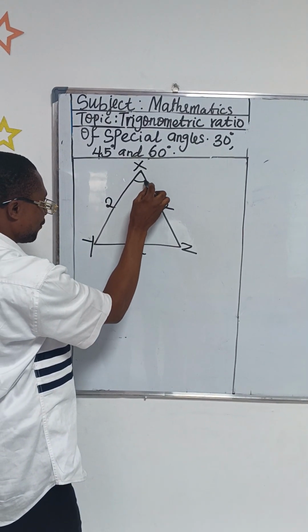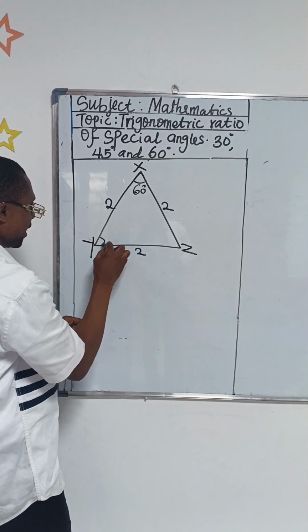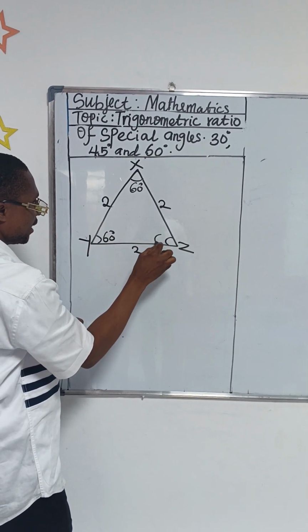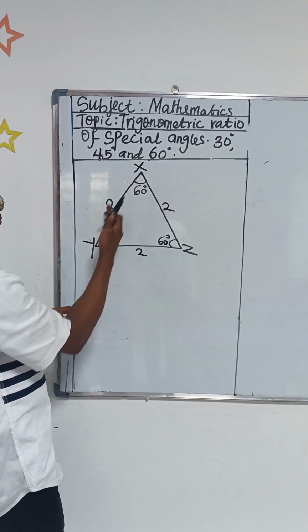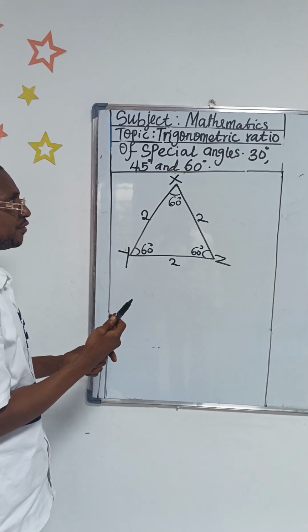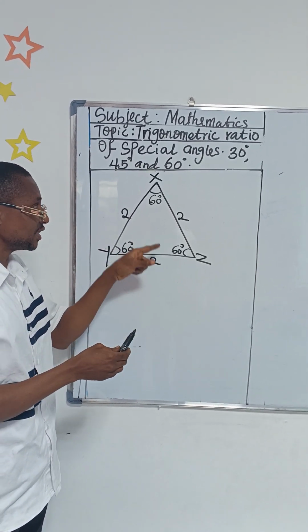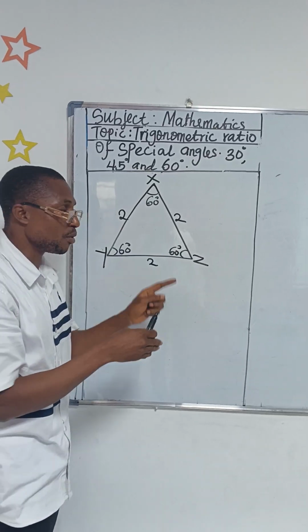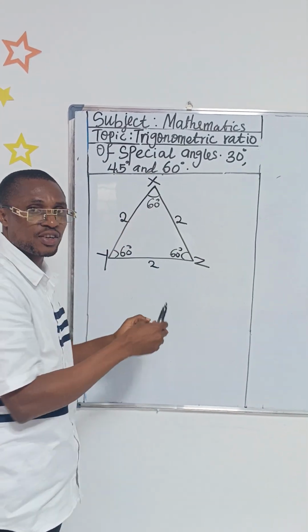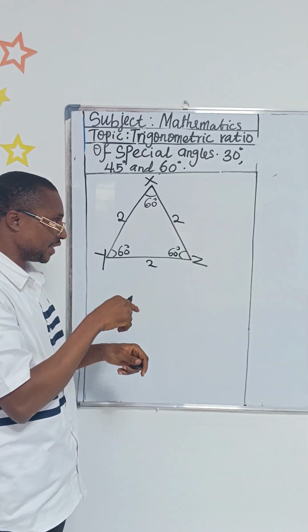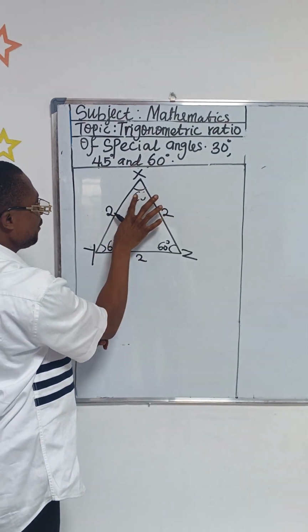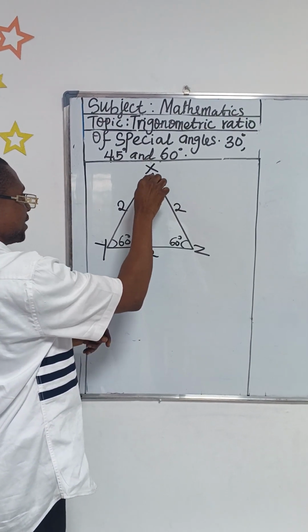It means that if here is 60 degrees, here is 60 degrees, and here is 60 degrees, if you sum these angles, it will give you 180 degrees. That is why the theorem says the sum of the interior angles of a triangle equals 180.